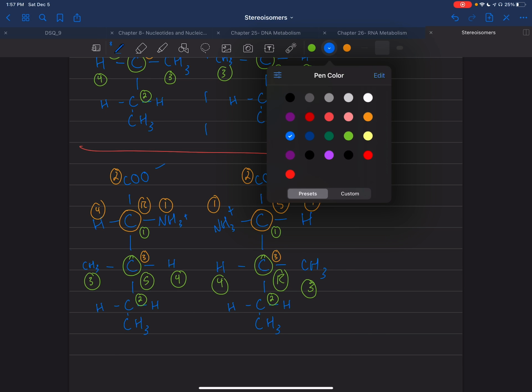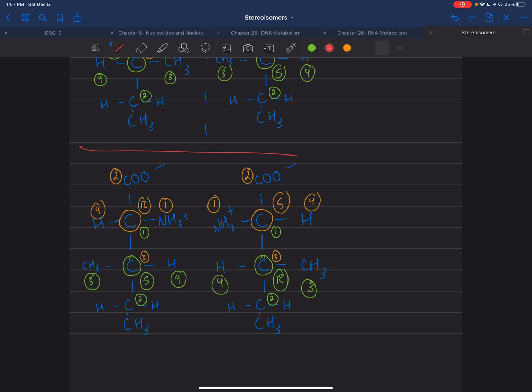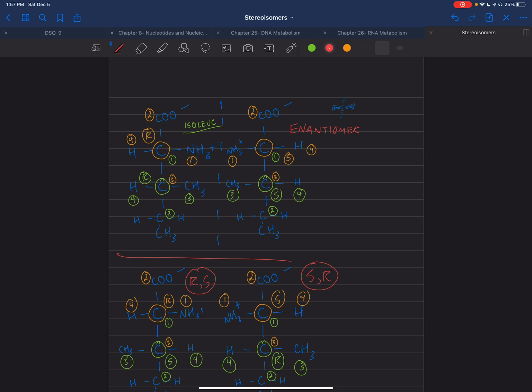Okay, so we have S, R. I'm going from top to bottom. R, S. This up here is S, S, and this up here is R, R. So those are 4 stereoisomers.